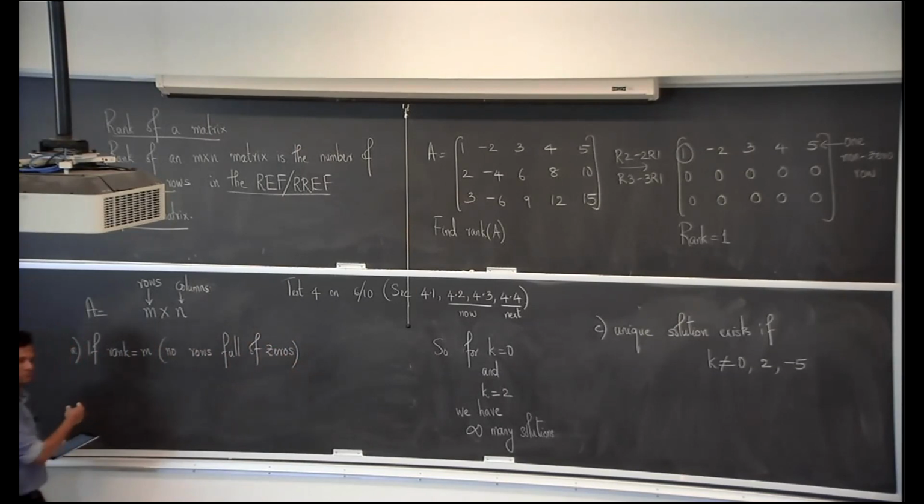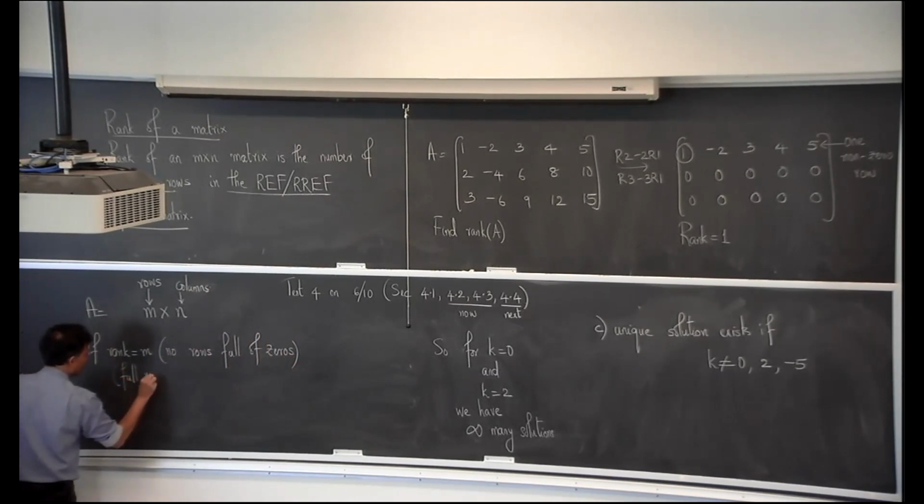That is what it means, right? All the rows have something other than zeros. It's called full rank, which means everything has something in it.